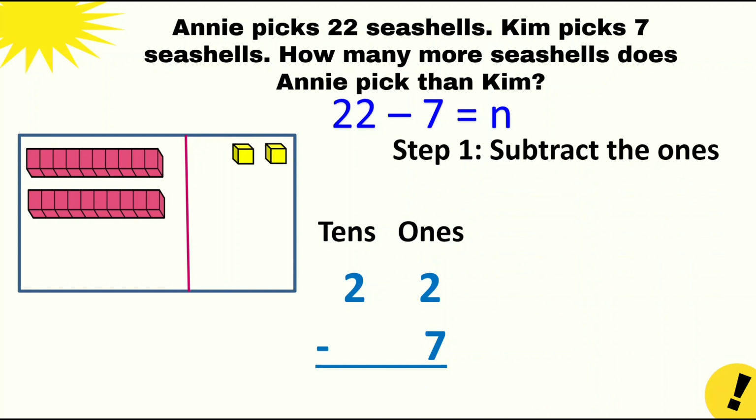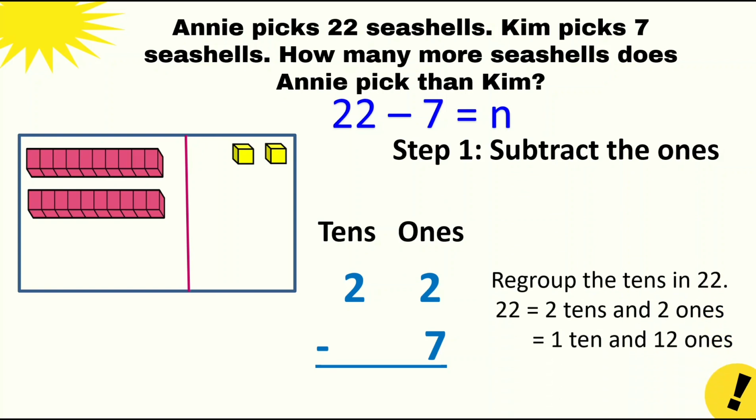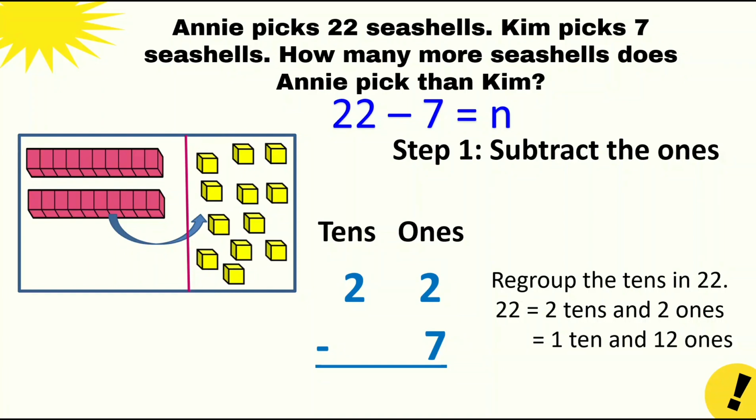The first step is subtract the ones, but since we can't subtract yet, we will regroup the tens in 22. 22 is 2 tens and 2 ones, so it will now become 1 ten and 12 ones. Look, that 1 ten, we will give it to the ones group. So your 2 in the ones will become 12. So 12, more on top, no need to stop. Right?